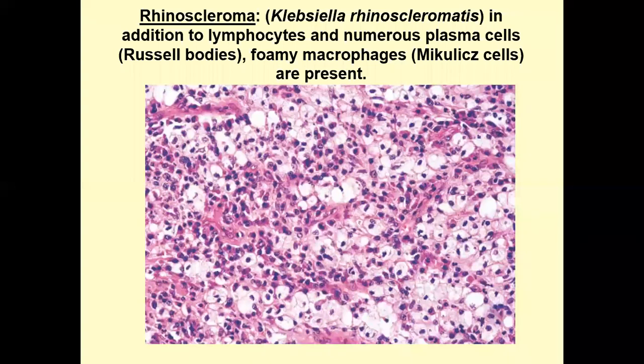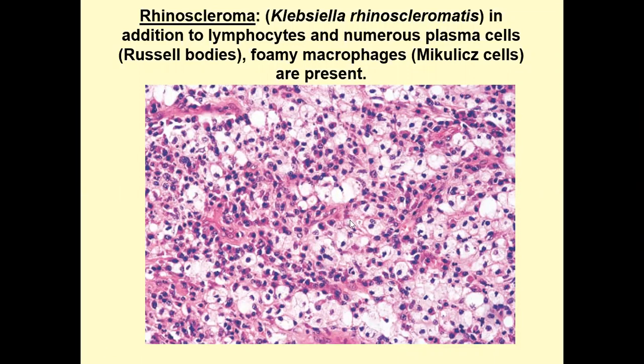So Klebsiella rhinoscleromatis, which is the pathological organism, is a gram-negative rod. And in addition to lymphocytes and numerous plasma cells, Russell bodies, which are the enlarged plasma cells, and foamy macrophages, which are called Mikulicz cells, are present in rhinoscleroma.